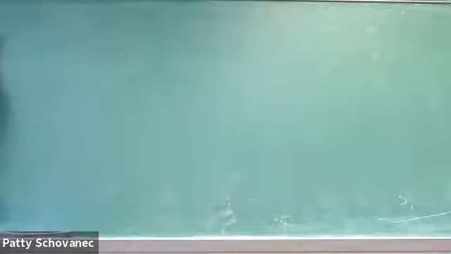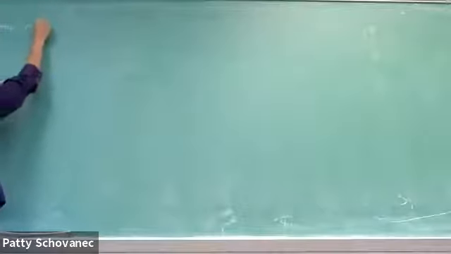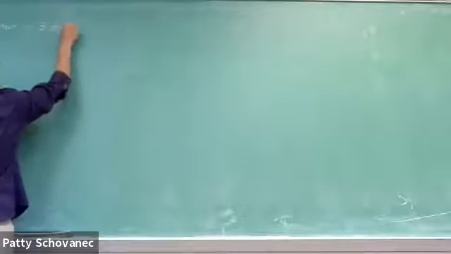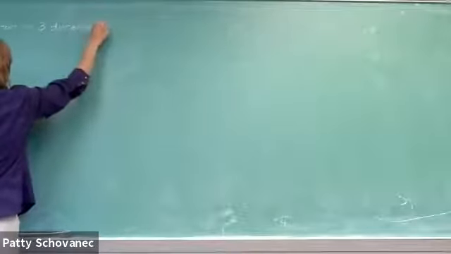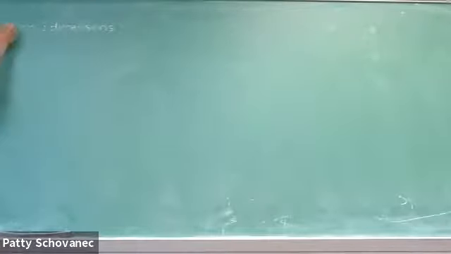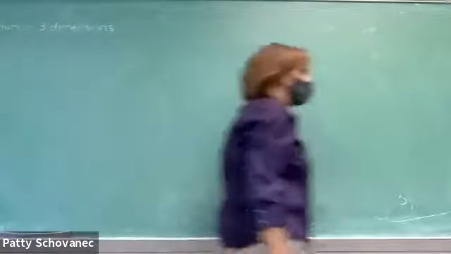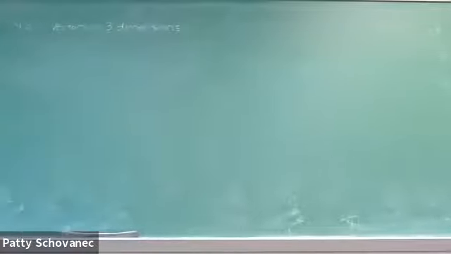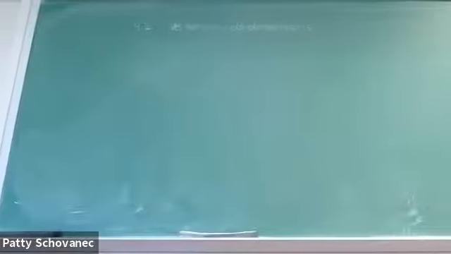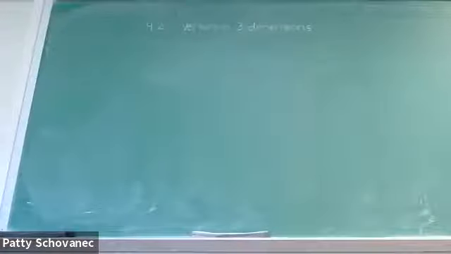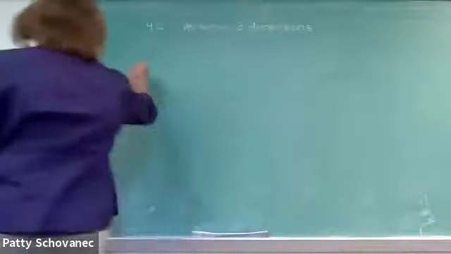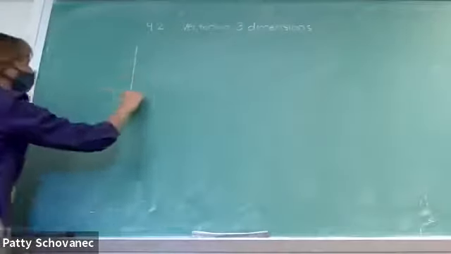So here's a vector in 3 dimensions. Technically, this is section 9.2, where we talked about vectors in 3 dimensions. Our 3 dimensions are x, y, and z, where the y and z axes correspond to the plane that's the board.